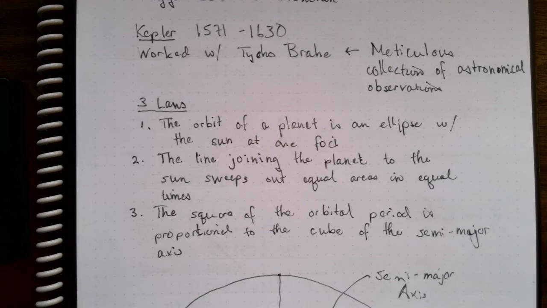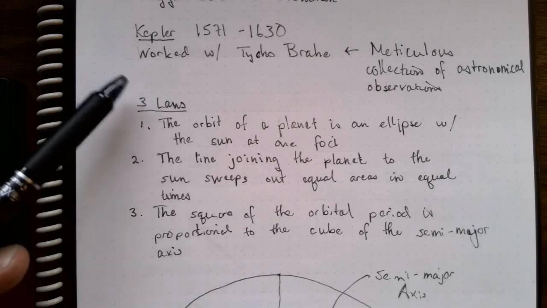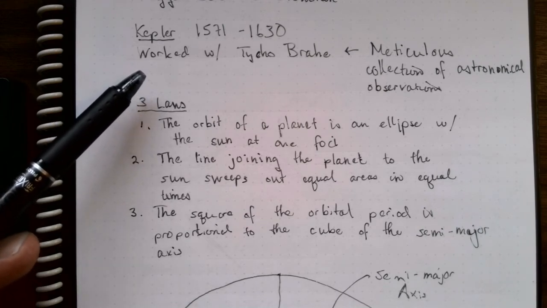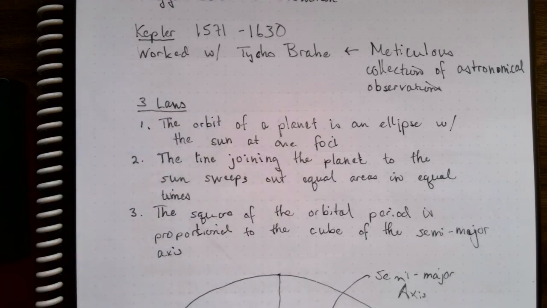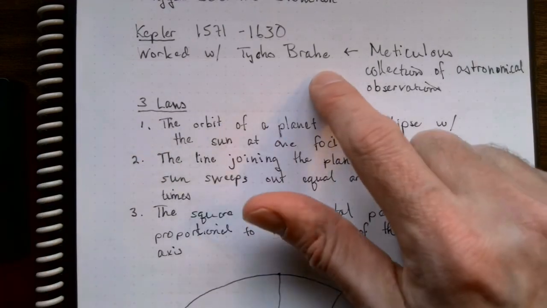By the time Copernicus came around, that business of putting circles on circles had gotten so complicated that he was thinking, well, let's just put the sun at the center to make everything simpler. Now, Kepler actually puts this on firm footing. He was able to do this because of the work of another person, Tycho Brahe, who I will let you research on your own.